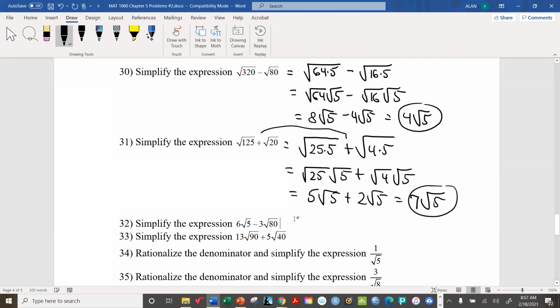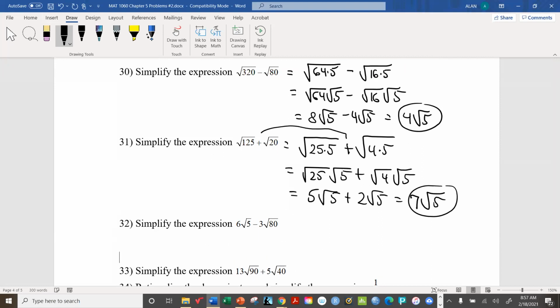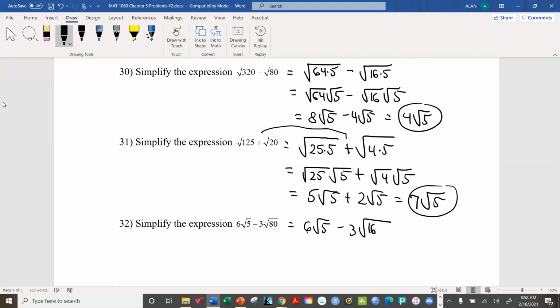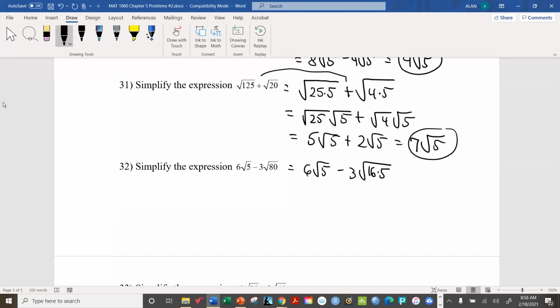All right. Now, let's see what we can do with this one. Now, look, you can see that there is a 5. 5 is one of the factors of 80. So let's investigate this. Okay.